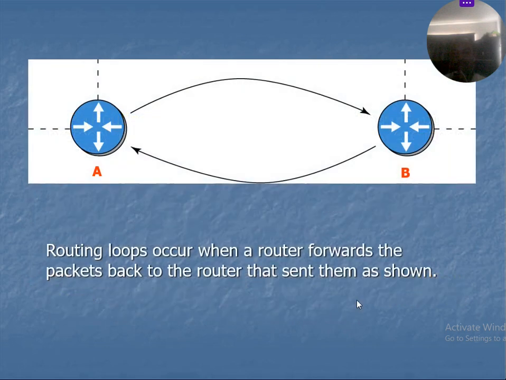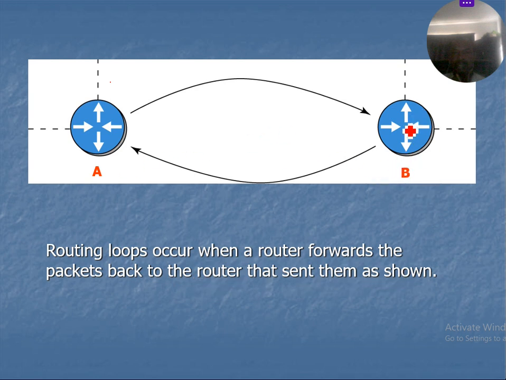All this basic information we've looked at in section 4. Say this is router A, and it can go all the way up to 50 routers before the receiver sends it back to the sender. Routing loops occur when a router forwards a data packet back to the router that sent it in the first place.